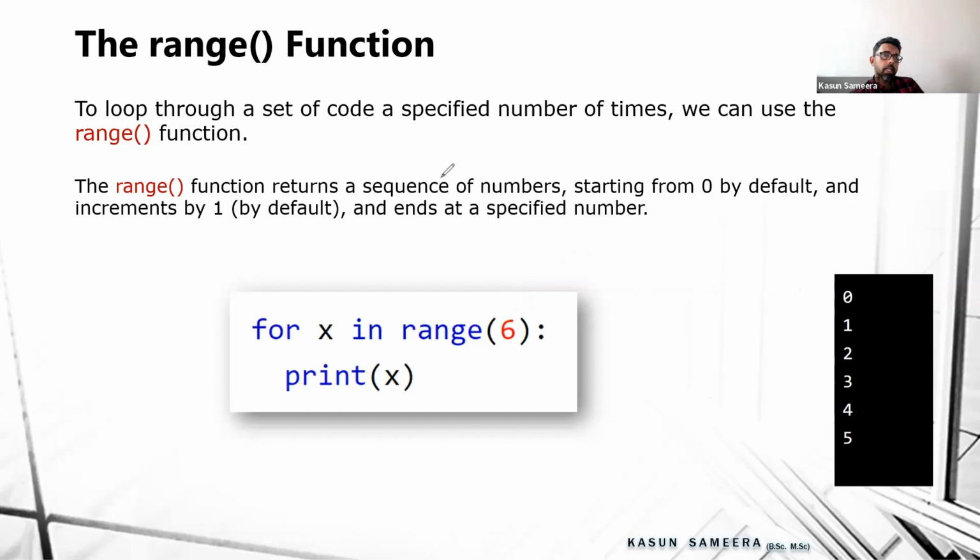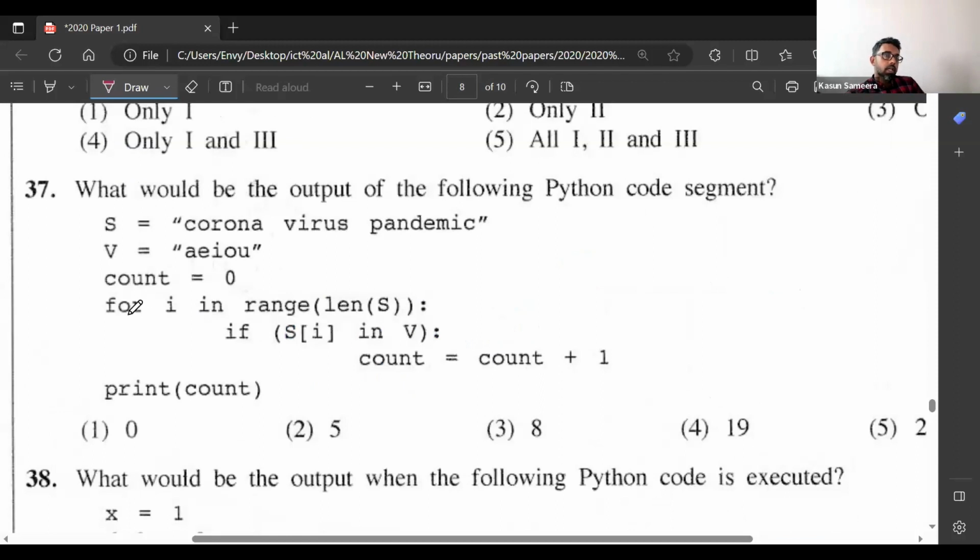But the code in the paper is different. What's the difference? You need to analyze it. For loop. For i, where i is a variable. Whatever values come from this side are going to be assigned to the i variable one by one. What is the range here? Who can tell me? What is the length of S? The length of the string S, you need to count.